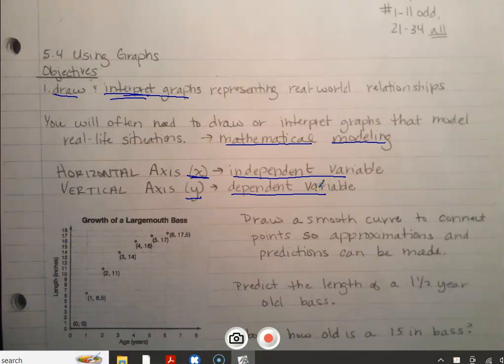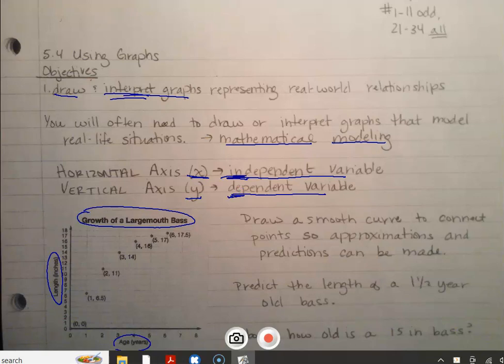All right, so let's look at this graph. It says growth of a largemouth bass. We have the age in years down here at the bottom, so that's our independent variable, because it's on the x. And we have the length, which is our dependent variable, because it's on our y-axis. So the length depends on the age.